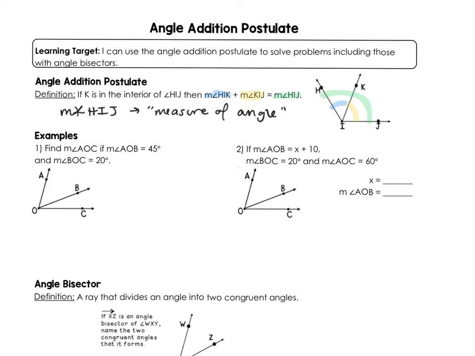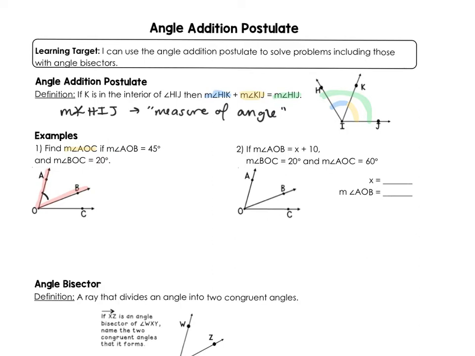So in our first couple of examples for angle addition, in this first one, we are trying to find the measure of angle AOC if the measure of angle AOB equals 45 degrees. So I'm going to trace this out, angle AOB, that's this top one.